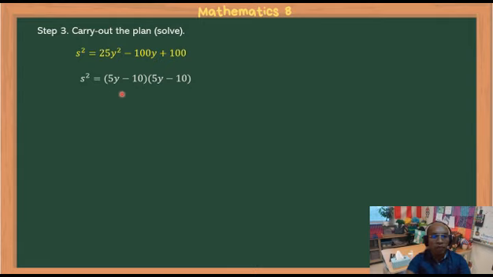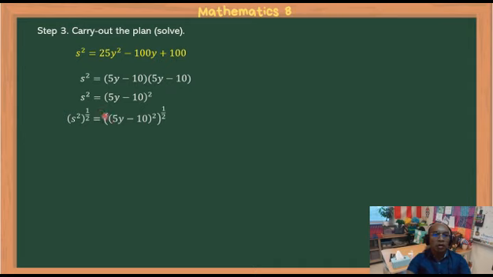And as we can see, these two terms are just the same. So we can write them in a factored form in which we just copy this term, 5y minus 10, but we will raise it to 2. So how are we going to eliminate the exponent 2 here, since we are solving for the value of S?